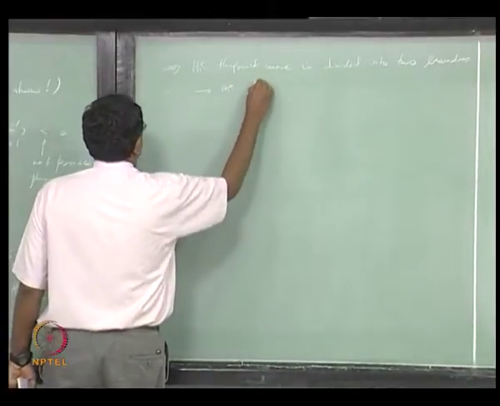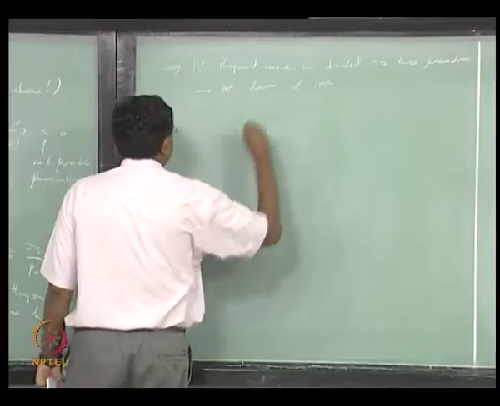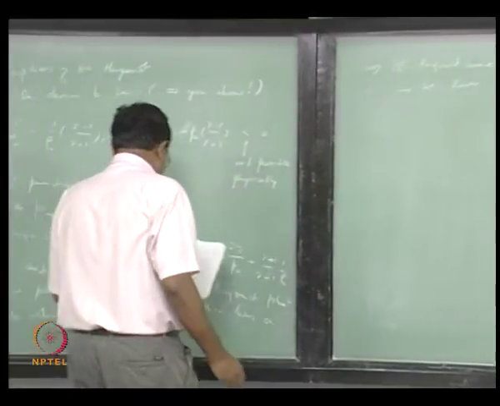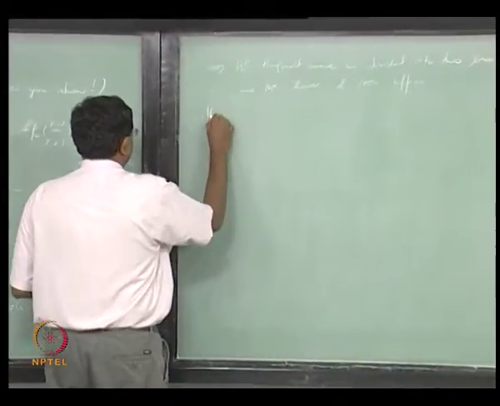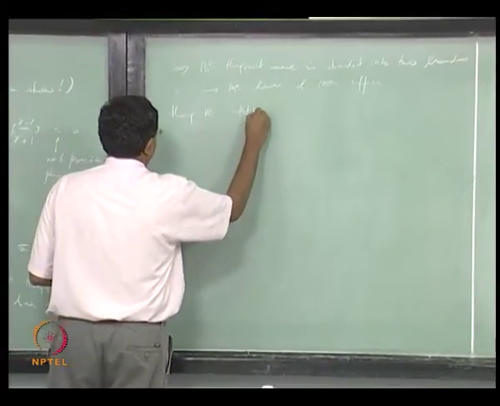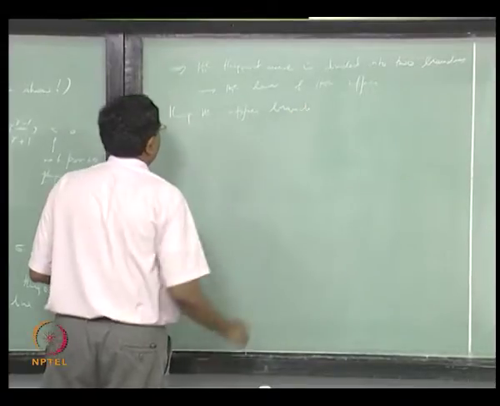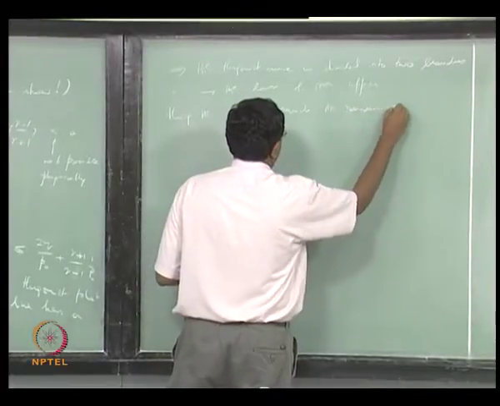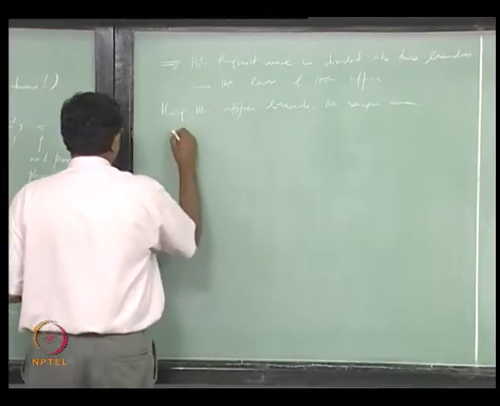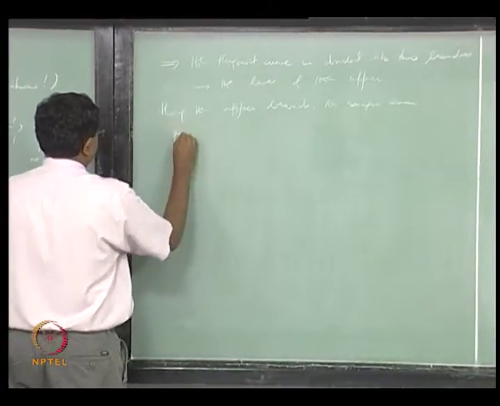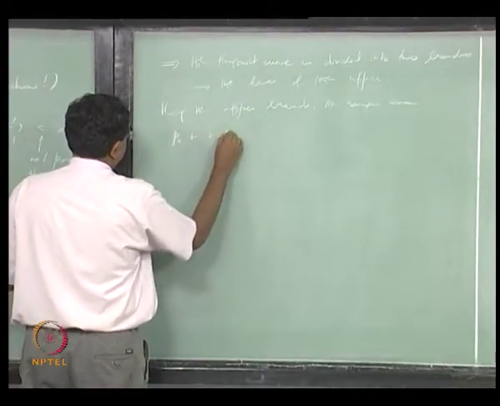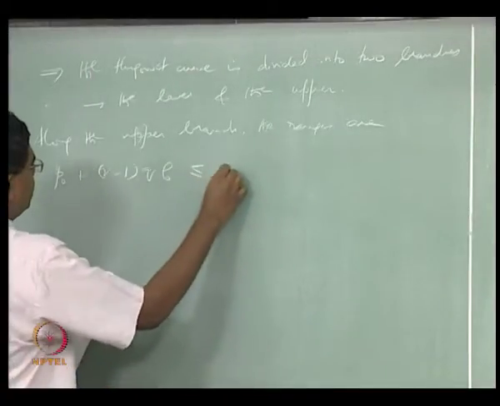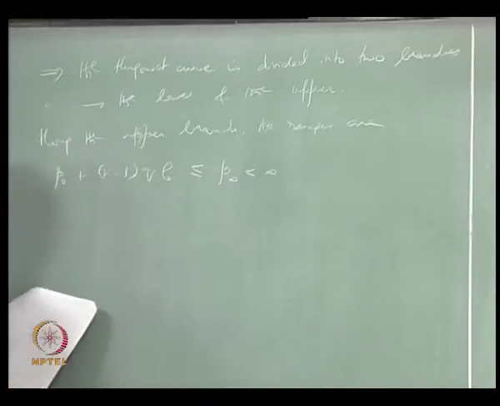The lower and the upper, right. So along the upper branch, the ranges are P naught plus gamma minus 1 Q rho naught less than or equal to P infinity less than infinity.